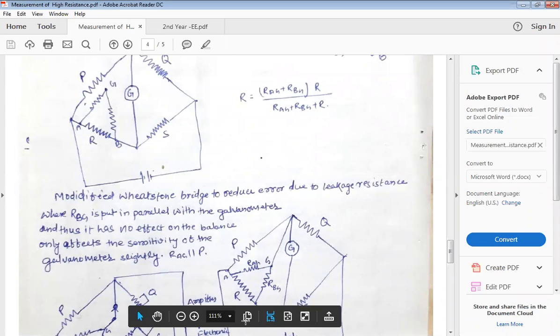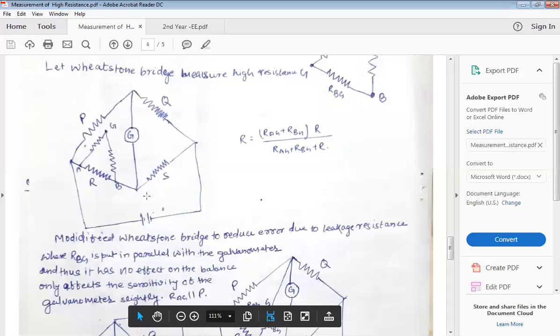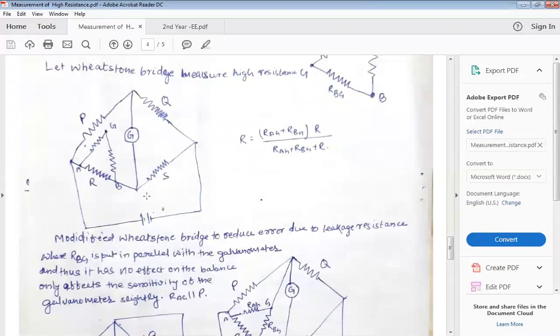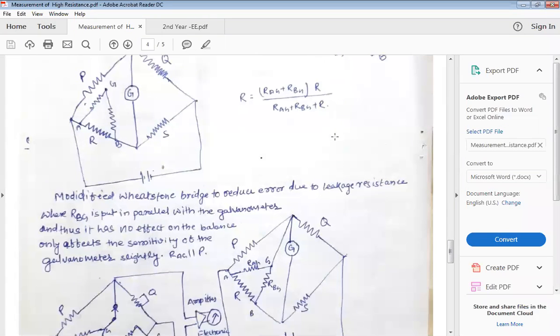If you directly measure high resistance using the Wheatstone bridge, then the actual measurement has error introduced due to leakage resistance between terminal A and the insulating material, and between terminal B and the insulating material.